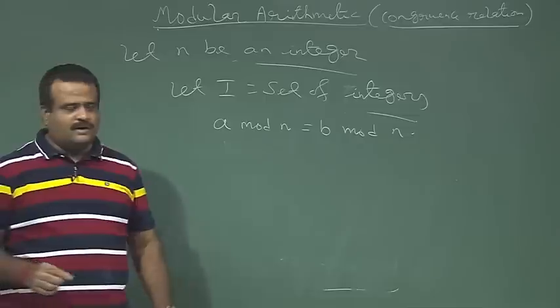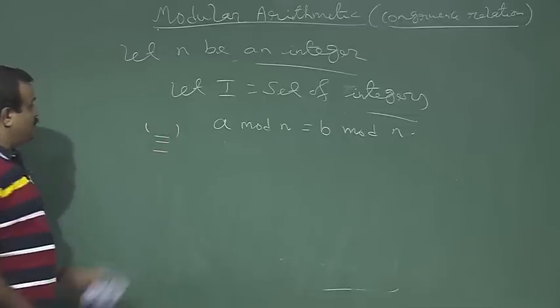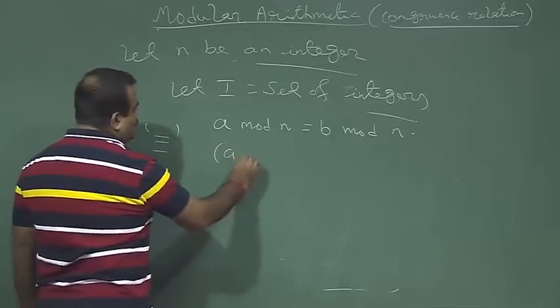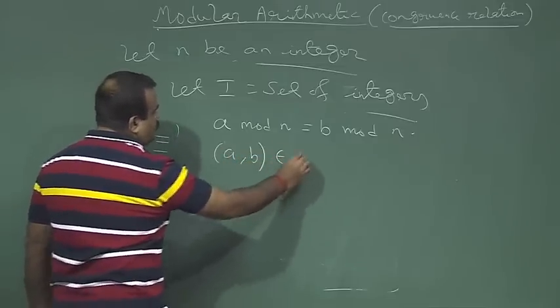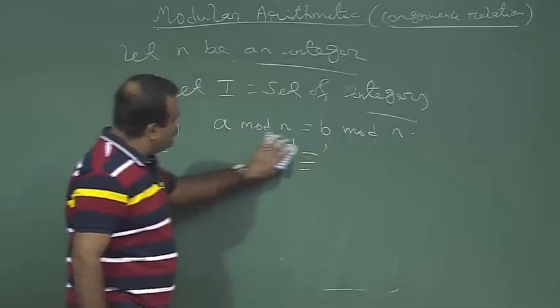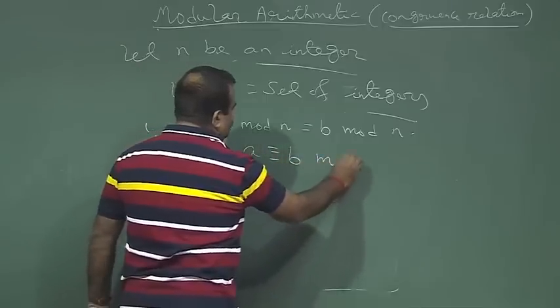This is the relation we are defining, the congruence relation, and it is denoted by this symbol. Then we say a, b belongs to R, we say a is congruent to b mod n.